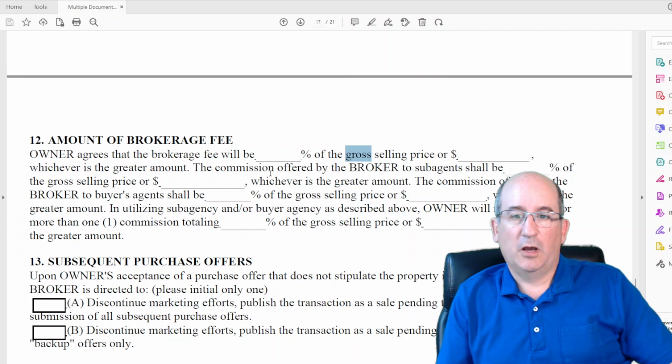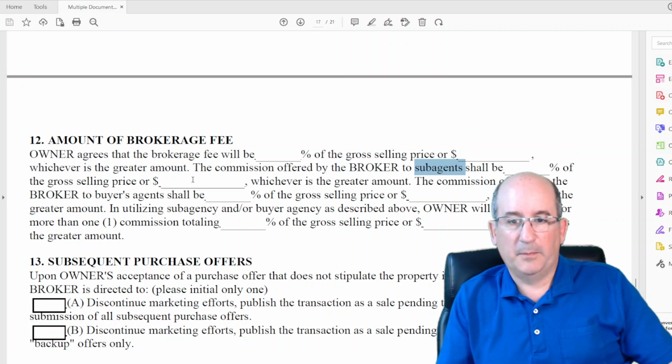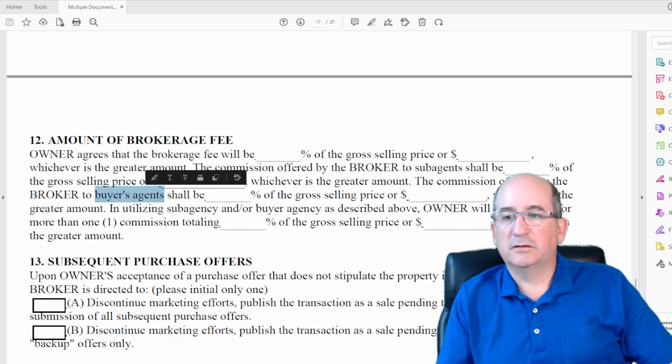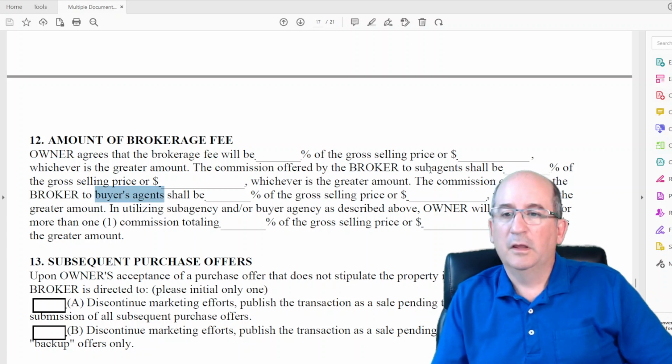The commission offered by the broker to sub-agents shall be, so there are three different ways of doing it. Either you're a sub-agent, you're a buyer's agent, and there's also a broker's agent, but they don't have it in here.